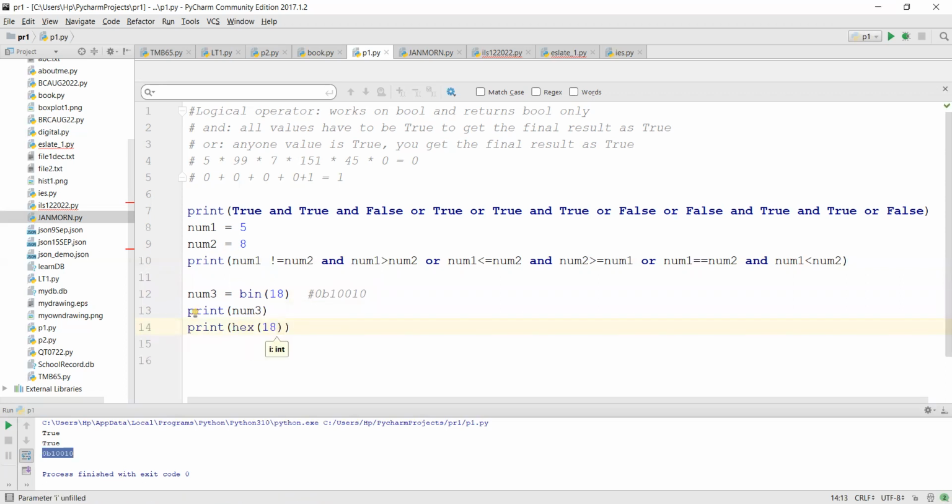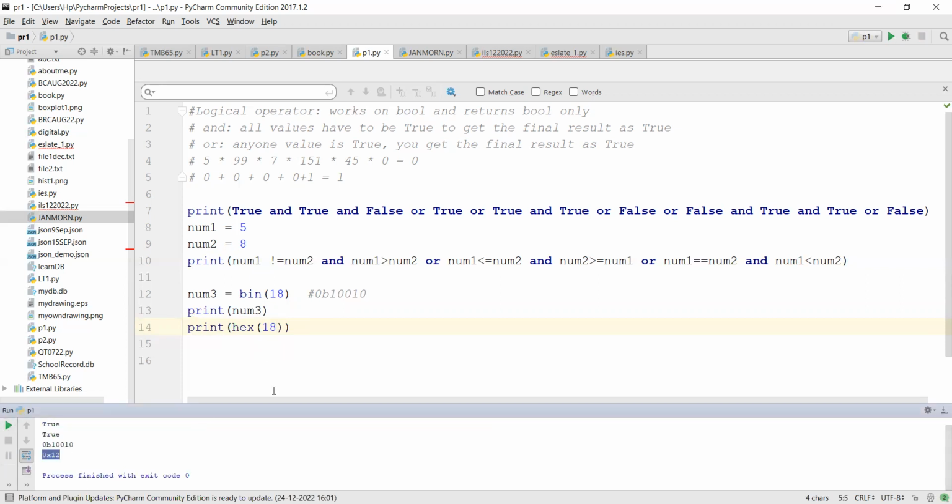Similarly, you have hex for the hexadecimal system. If you say hex of 18, it will give you the equivalent of 18, which is 0x12. 0x indicates hexadecimal. 18 is written as 12 in hexadecimal. And similarly you have the octal number system, oct.